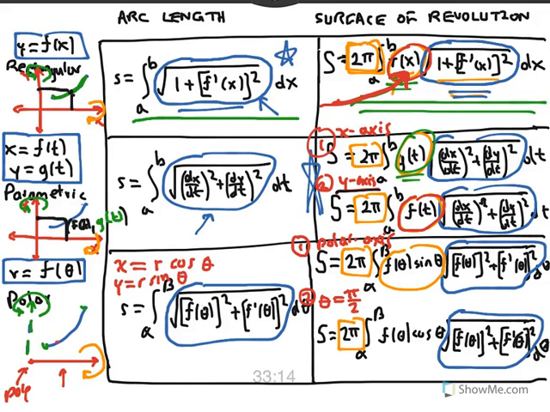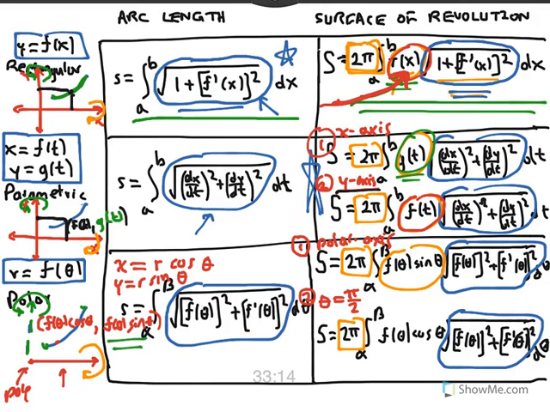And that allows you to write the coordinates of a point on your polar curve using rectangular coordinates. So the x and the y coordinates would be r, which is f of theta, times cosine theta, comma r sine theta.